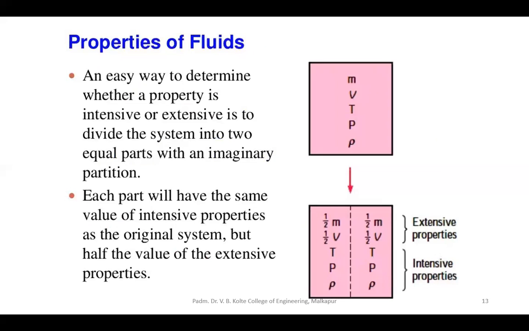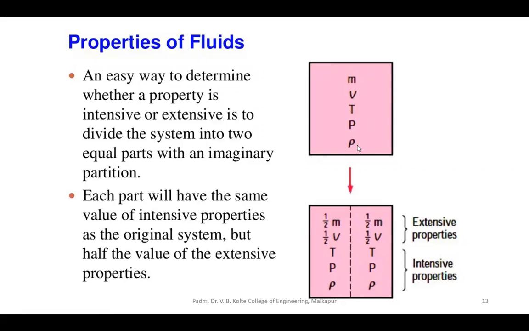Properties of fluid: an easy way to determine whether a property is intensive or extensive is to divide the system into two equal parts with an imaginary partition. Now see, इथं तुमच्या समोर दोन ब्लॉक दिसत आहे. One block has the properties mass, volume, temperature, pressure and rho.